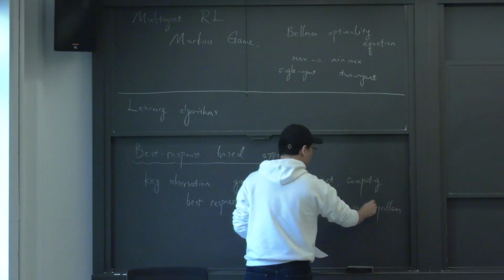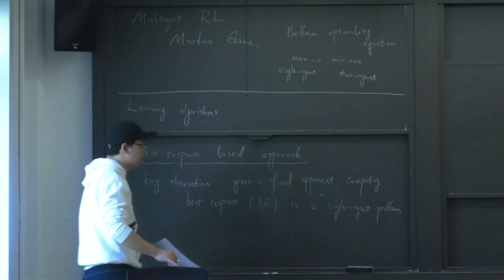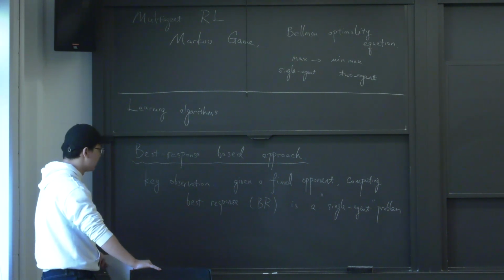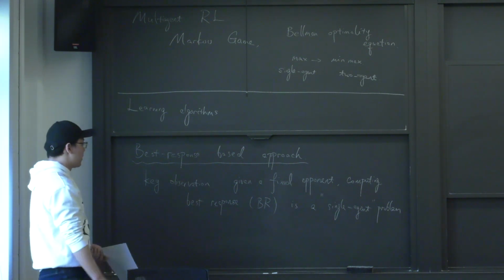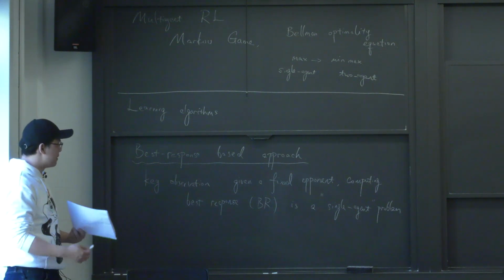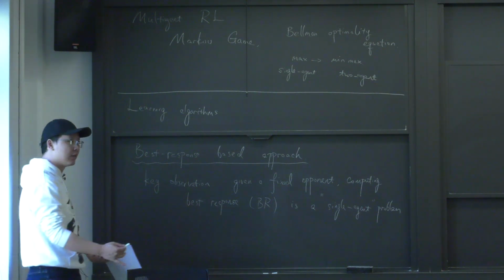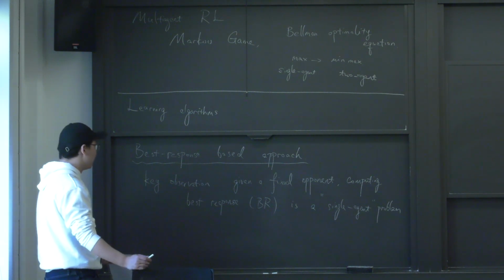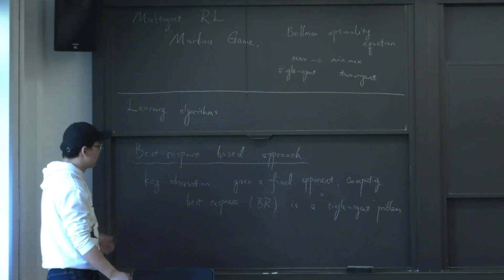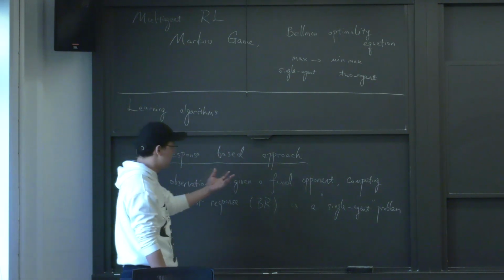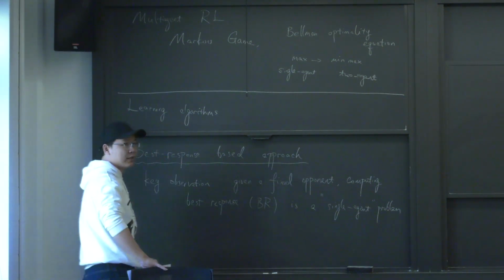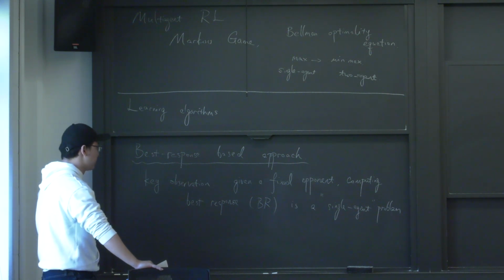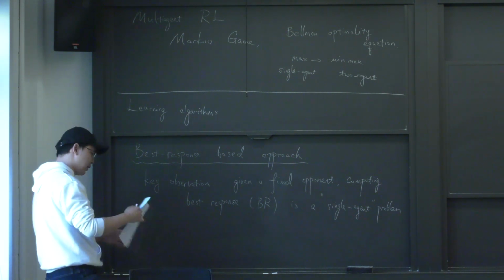We'll put quotes on single agent, because later we will see this single agent is slightly different from the single agent reinforcement learning we have been talking about. As we said, the major difficulty of multi-agent reinforcement learning is that we cannot treat the opponent as a fixed environment. For this best response approach, when I fix my opponent, I can treat it as a part of the environment. So if we just compute the best response to the opponent, it becomes a single agent problem.